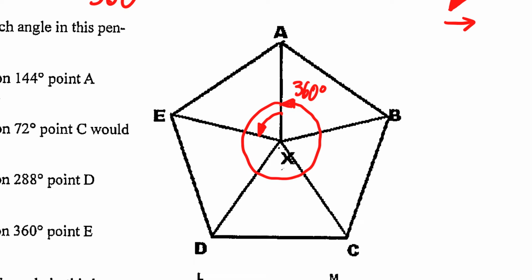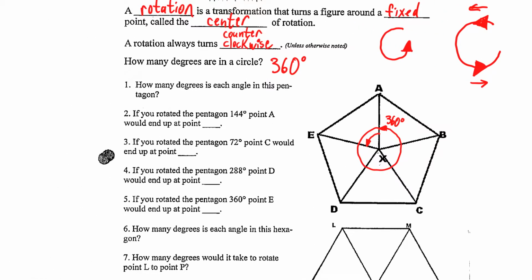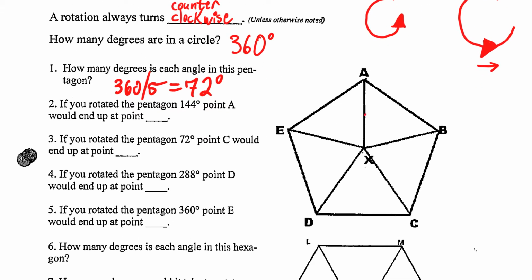How would you find the measurement of just that piece? 72. How'd you do that? Good. If you do 360 divided by 5, there's 5 angles there. We're assuming they're all the same measurement. And so each one of those angles is 72 degrees. So let me erase this. If you were to rotate this from here to here, that would be 72 degrees.